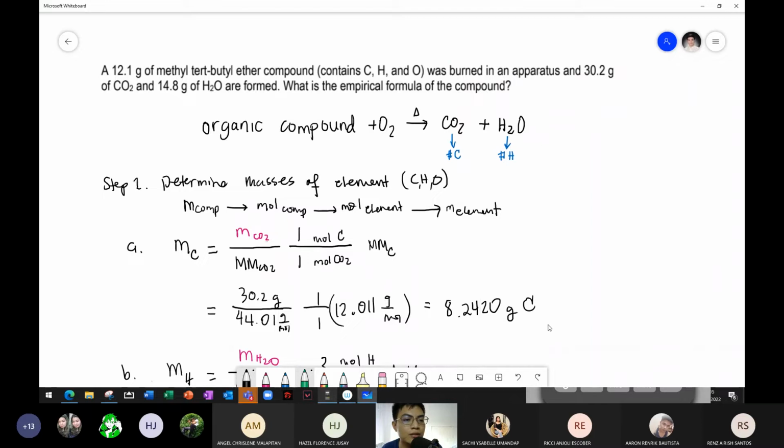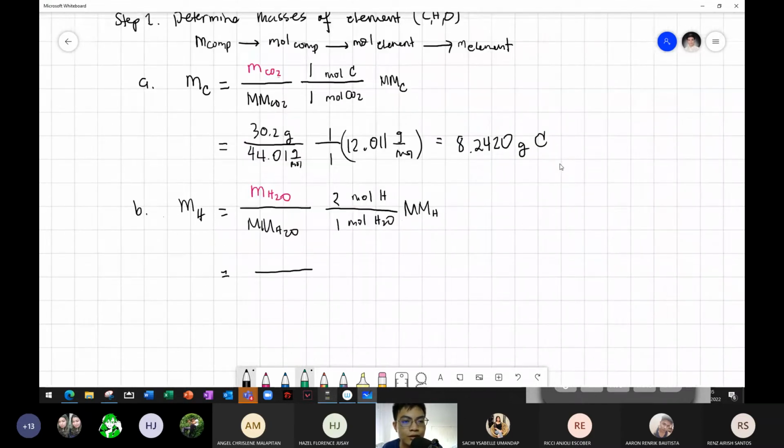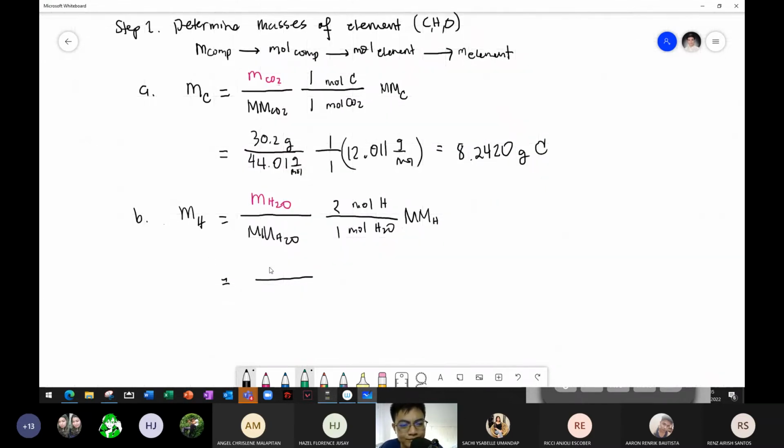Okay, so 14.8 grams ang water. And then the molar mass of water is 18.015. Nakakabisado mo na lang yung molar mass. Then the molar mass of hydrogen is 1.008.